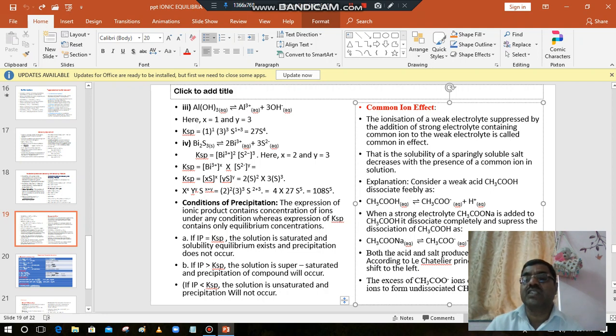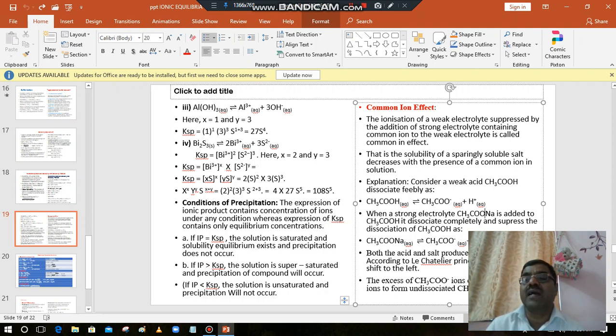It means that the excess of CH3COO^- ions combine with H plus ions to form the undissociated acetic acid. It means that the ionization of this acetic acid is suppressed by the addition of another strong electrolyte containing the common ion.